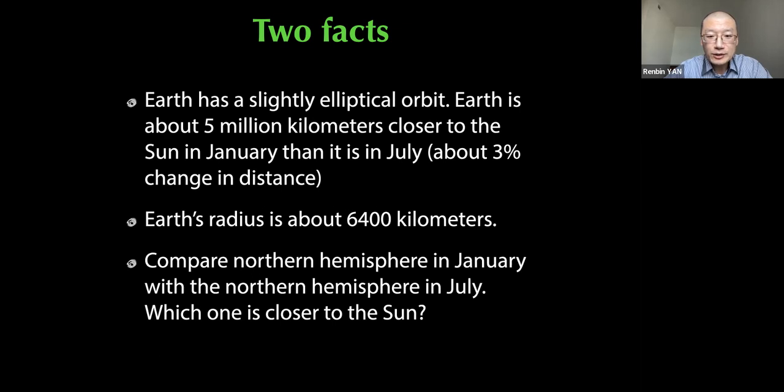So if you compare the northern hemisphere in January and in July, which one is closer to the sun?